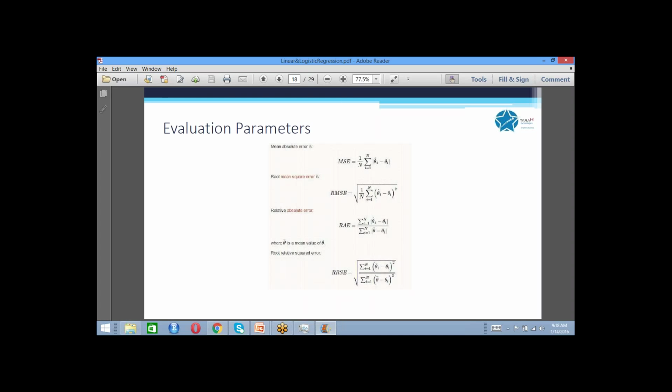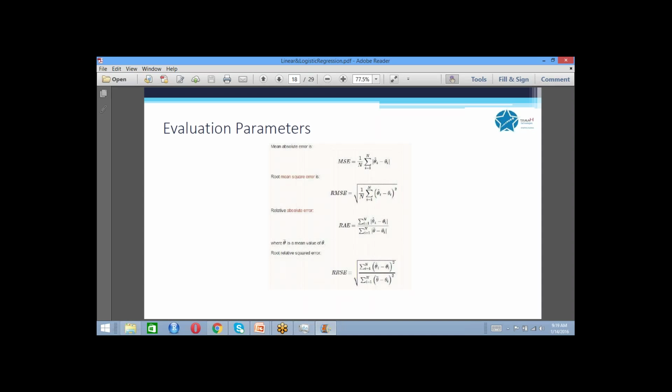But normally we don't want to use absolute error because of its bias with respect to the sample. Instead, what you do is you capture the sum of squares of that distance, create an average of that, and then take the square root.